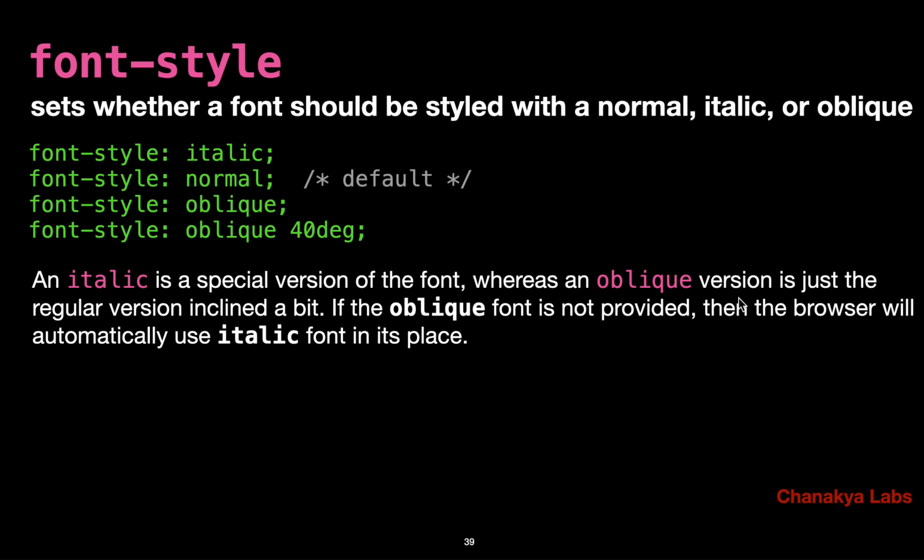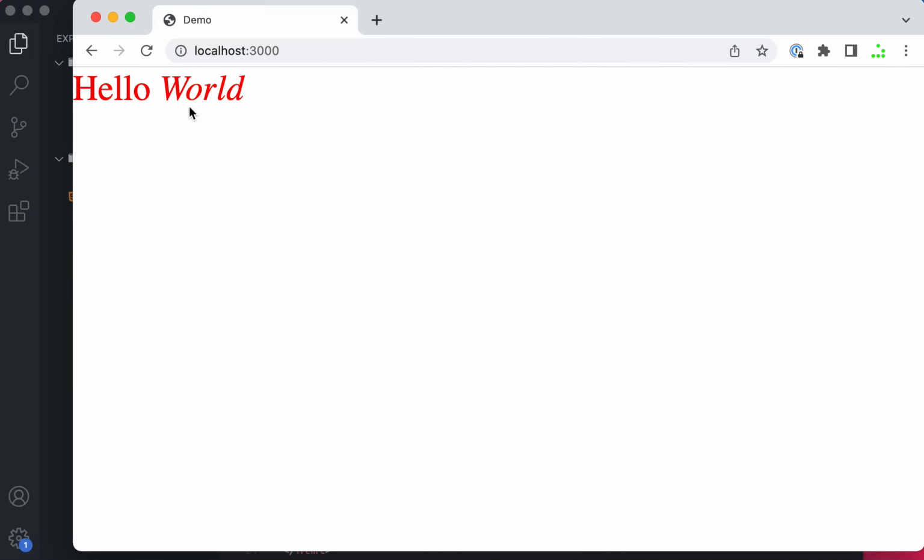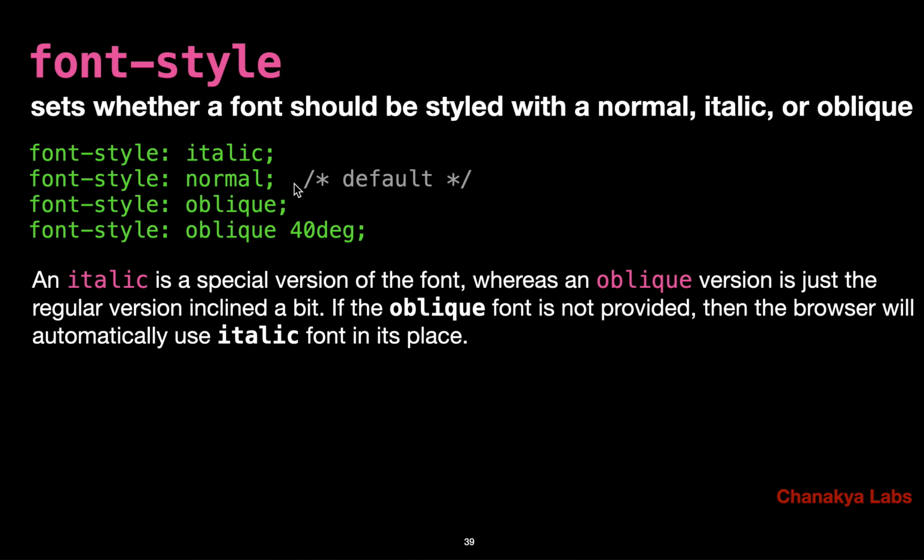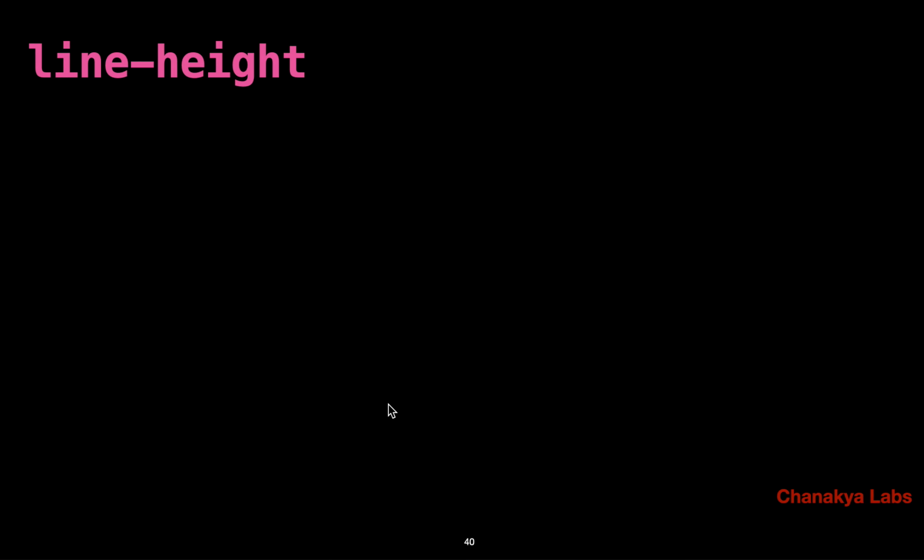So basically they are just regular font versions, but some inclination is there, and you can specify that inclination also. But again, this thing is rarely used. Just focus that if using CSS you want to create italicized text, then you can use font style italic. That's it, and that will be sufficient here.